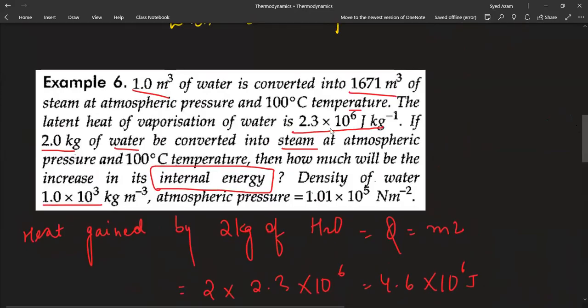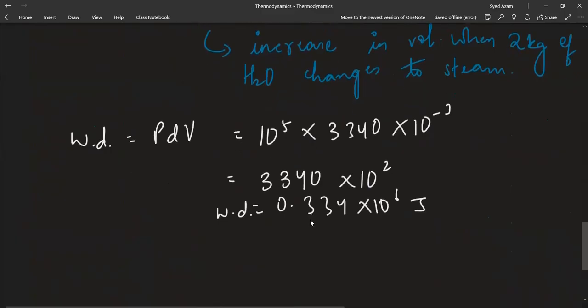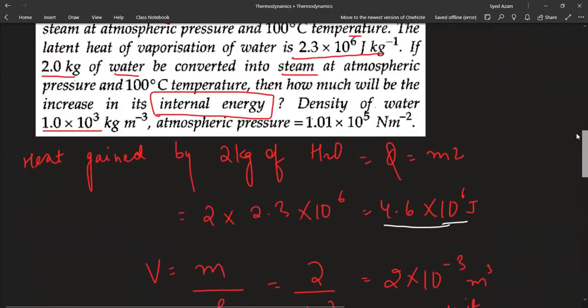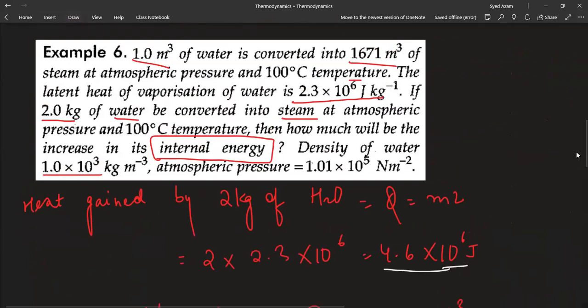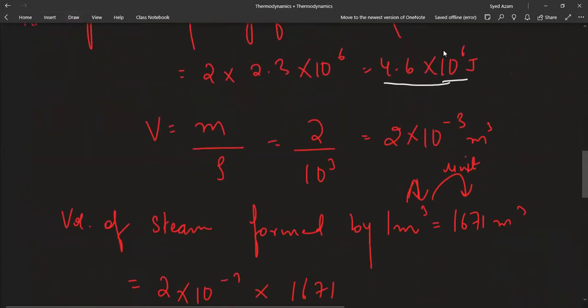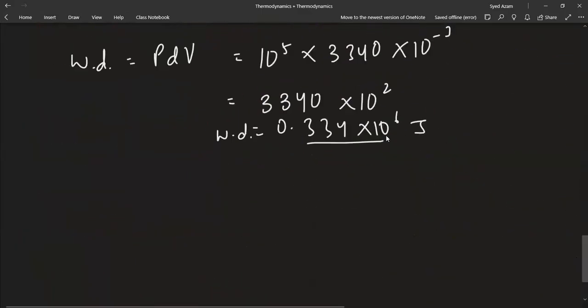Because your latent heat was also given in 10 to the power 6. Now, what's the heat? We calculated the heat here, 4.6 into 10 to the power 6. Can you just recall now? Work done is there, heat is there. What is the question asking? To calculate internal energy. Can we calculate the internal energy now? That's why I wrote it in 10 to the power 6.